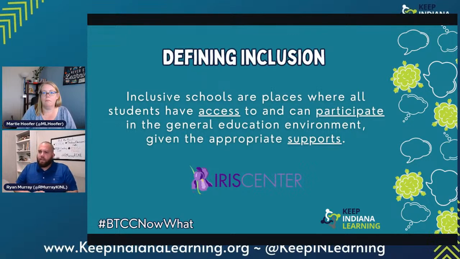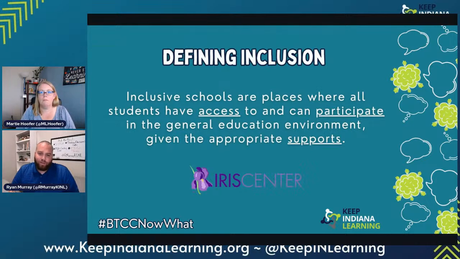They don't have the opportunities to participate in a class. Maybe that's because of anxiety. Maybe that's because of something that happened to them at home the night before. Whatever it might be, the ability to participate is removed. And so making sure that all students have that ability to participate is key.